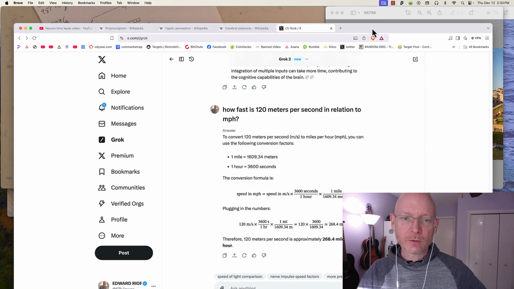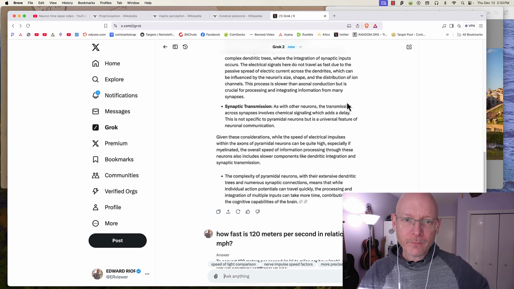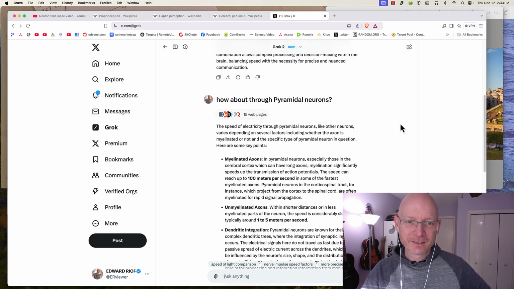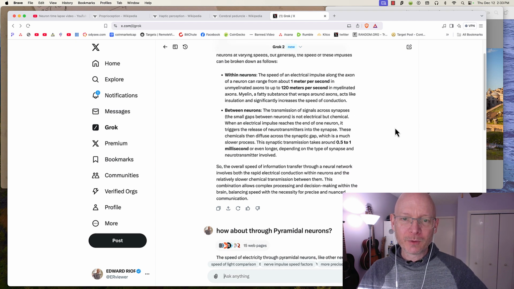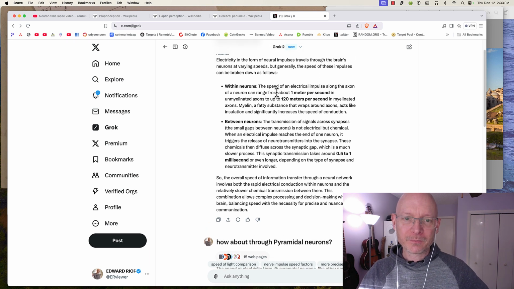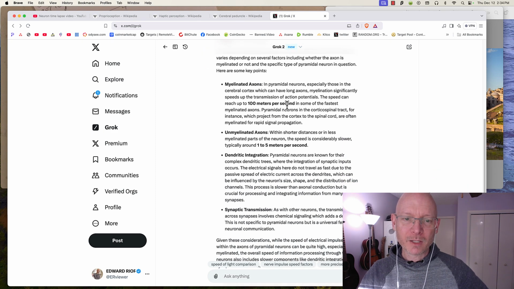So I had to turn to Grok. And I asked Grok, how fast does electricity move through neurons? It depends on what kind of neurons. It can go up to 120 meters per second, but that just depends on the type of neuron. What about pyramidal neurons? About 100 meters depending.